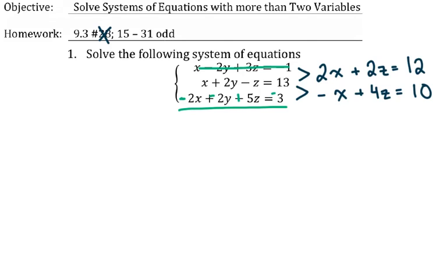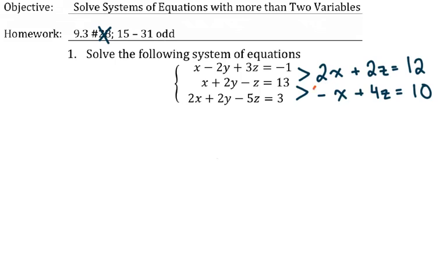And the reason that we think of them both separately like this is now we have a nice system of equations like we would have seen in the previous lesson with just two variables, and we can use whatever method we like. I'm going to use elimination. I could choose whichever variable I want to eliminate. They're both pretty simple. I'm going to eliminate the x variable here, and so this is 2x, this is negative 1x.